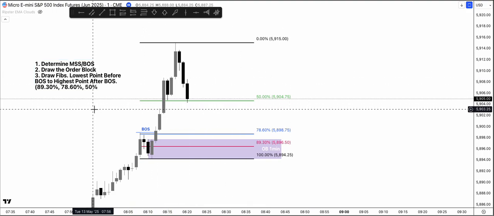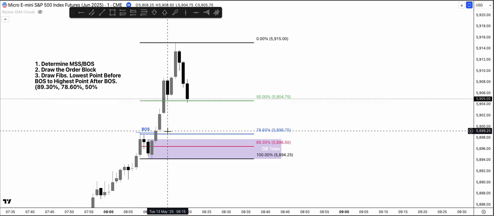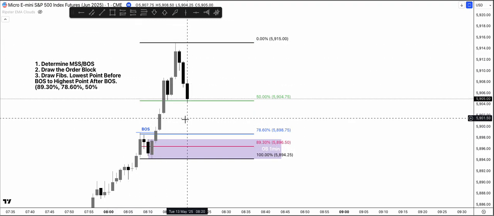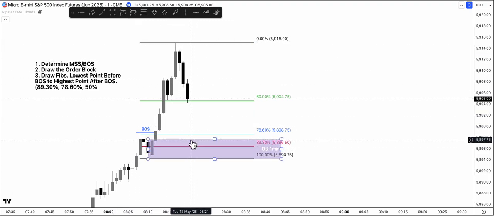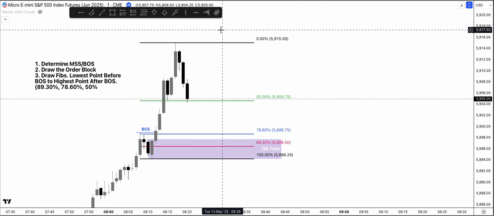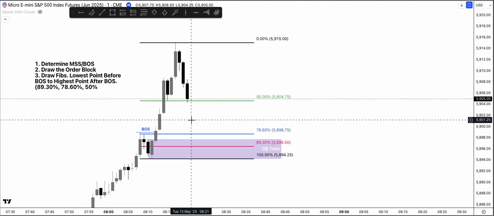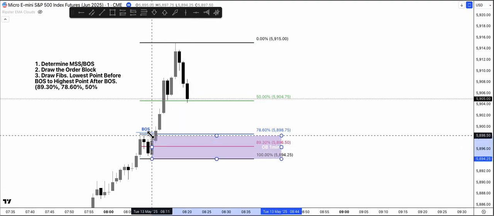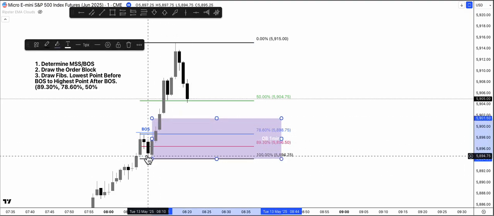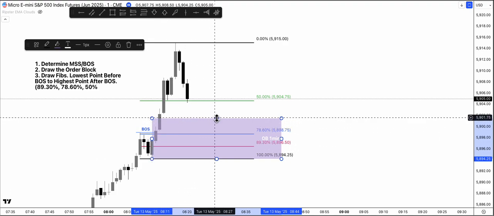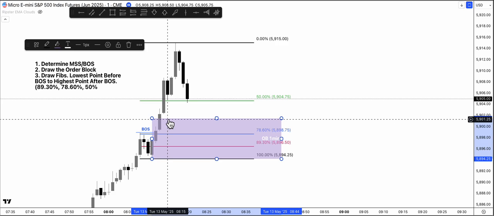So what is the actual Jedi model? After a break of structure or a market structure shift, we want price to come back to this order block to take longs. If, for example, the order block is big, like this candle was all around over here, we want to reduce our risk.